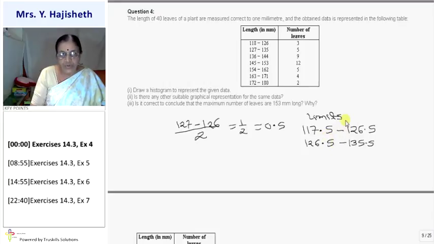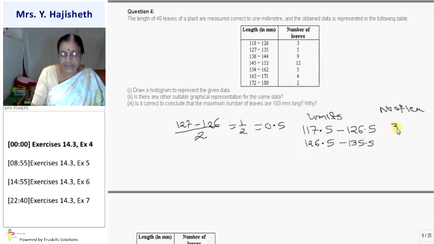So the number of leaves with length less than 126.5, from 117.5 to 126.5, belong to this class. So the number of leaves between 117.5 and 126.5 is given as 3.